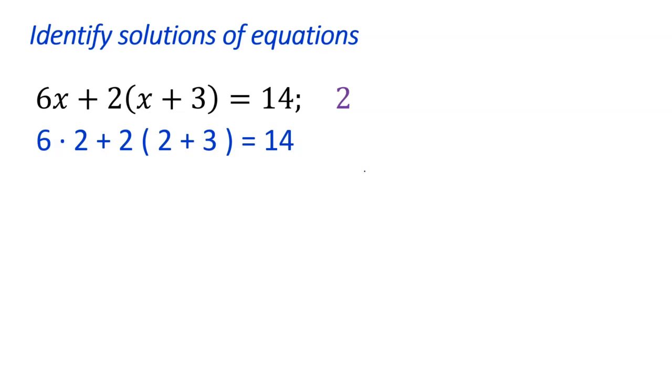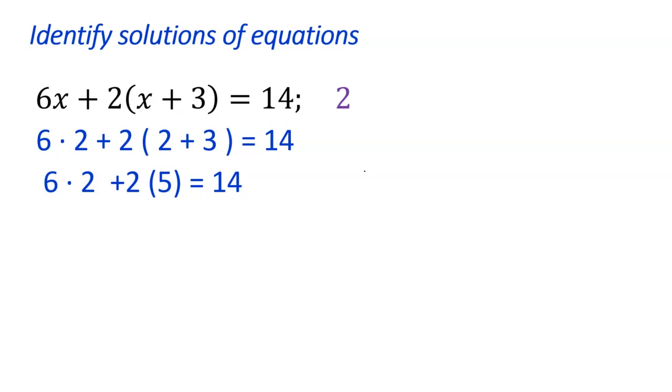Replacing my x by 2 gave me 6 times 2 plus 2 times, inside the parenthesis, 2 plus 3 equals 14. Let's go ahead and simplify this using order of operation. That will give me 6 times 2 plus, I added the 2 plus 3 inside the parenthesis, that gave me 5, equals 14. We will multiply now 6 and 2 and 2 and 5.